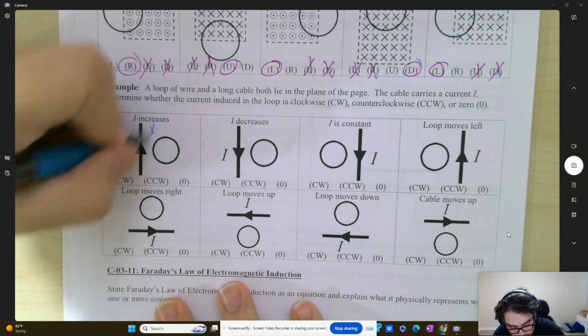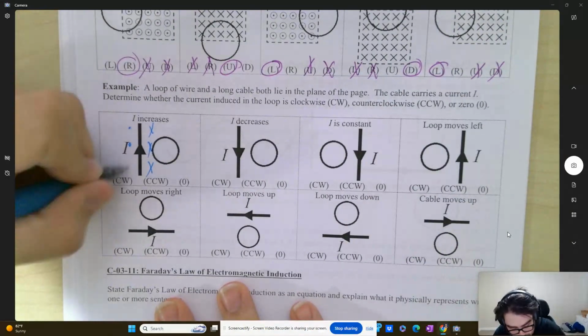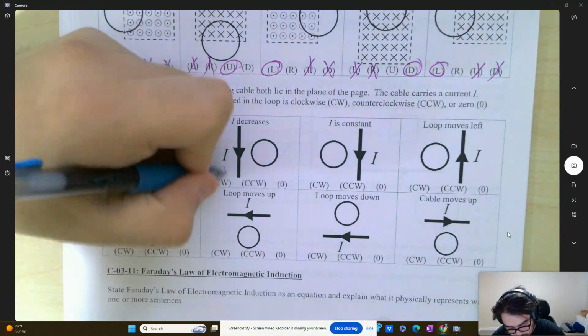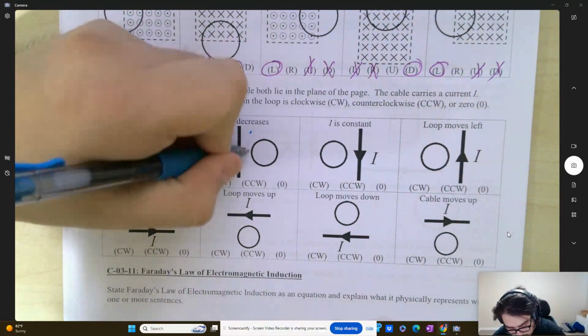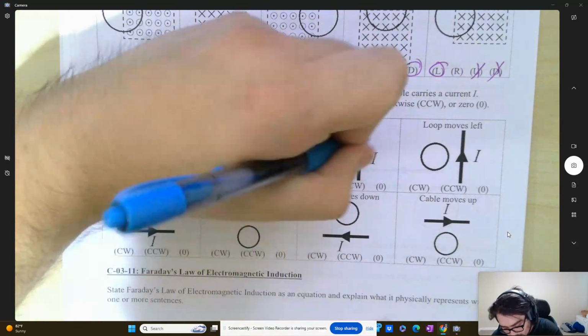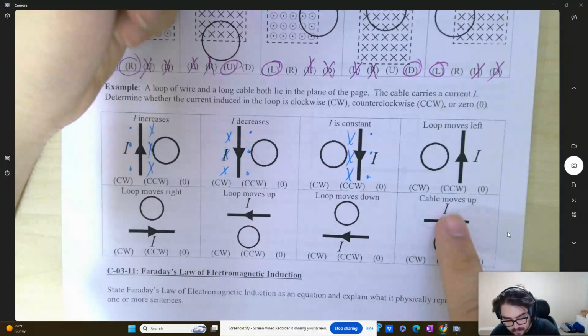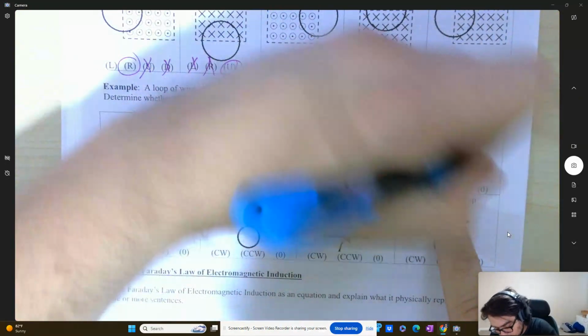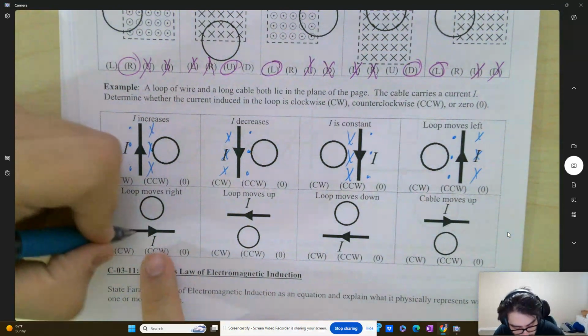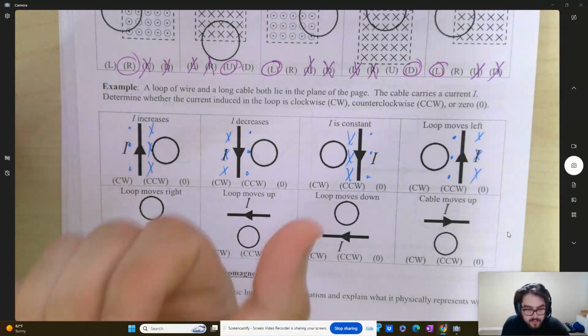This is going to go into the page on this side and then out of the page on the left, okay? This is going to go into the page on the left side and out of the page on the right, okay? Into the page on the right, out of the page on the left, okay? This one is going to be right here.